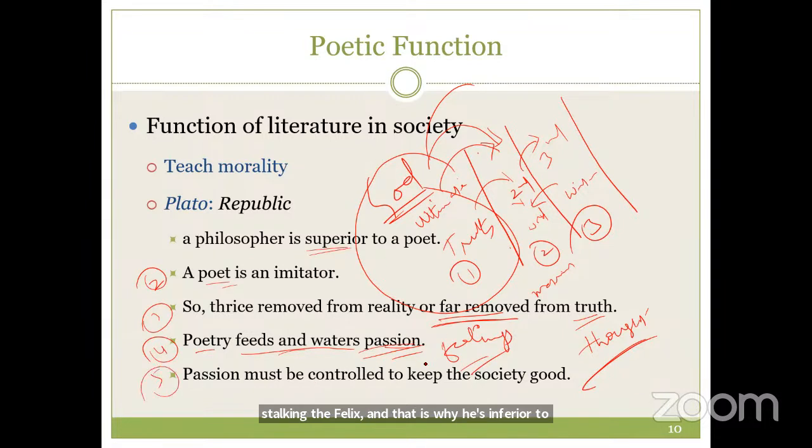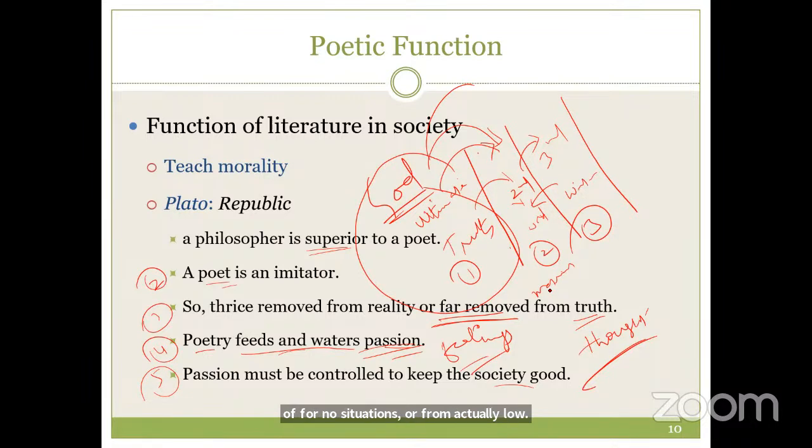And the fifth important point that Plato talks about is passion must be controlled to keep the society good. He says that passion makes one go astray, which means if your passions are charged, your rational ability, your ability to think about consequences of situations, of actions, becomes low, fades away.